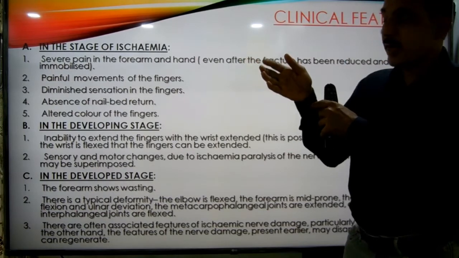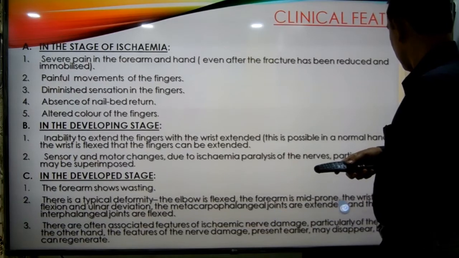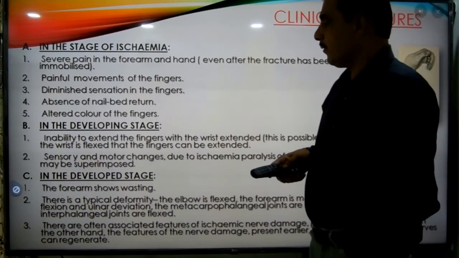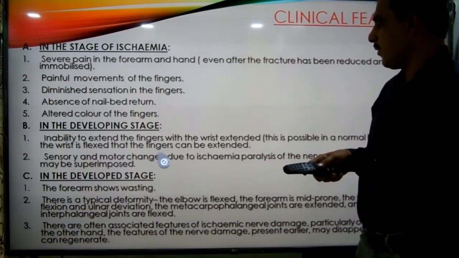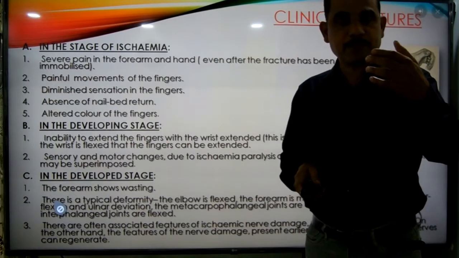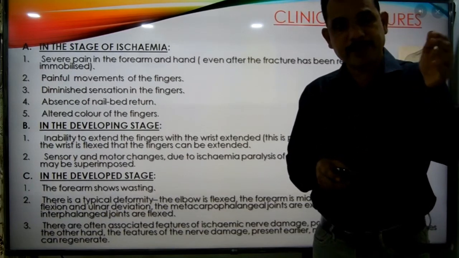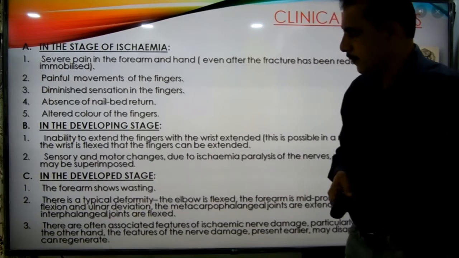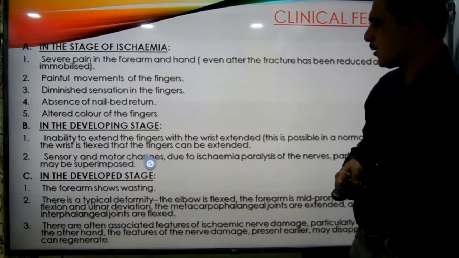In the normal hand, this position is possible only when the wrist is flexed, and then the fingers can be extended. So the wrist is flexed and the fingers can be extended. But here, the fingers cannot be extended; they remain like this.